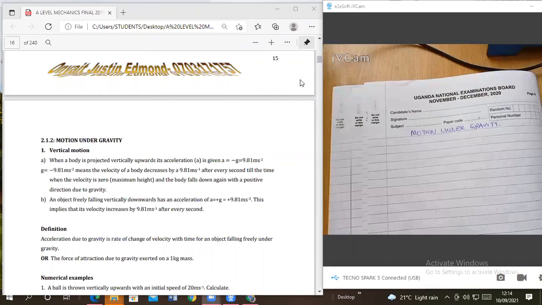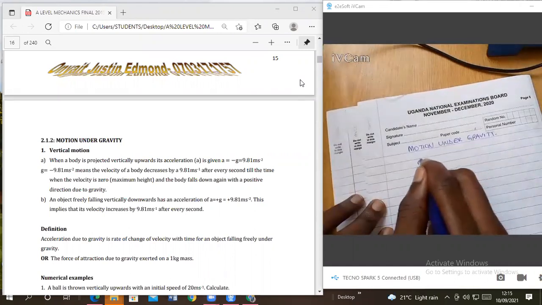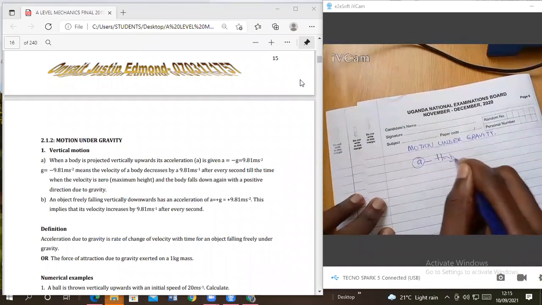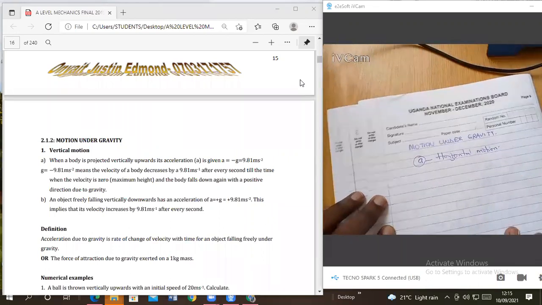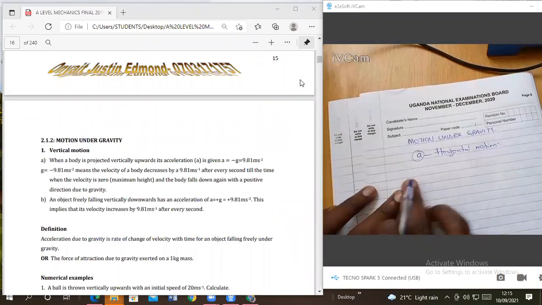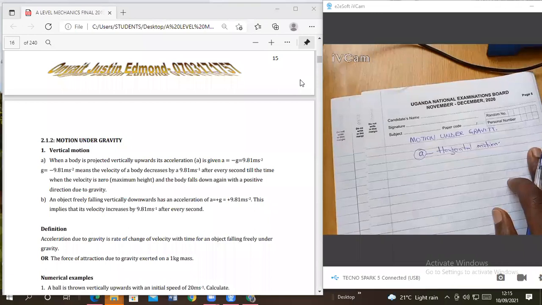So this time our acceleration will change. Remember, we use A when it is horizontal motion. Linear motion is divided into two.